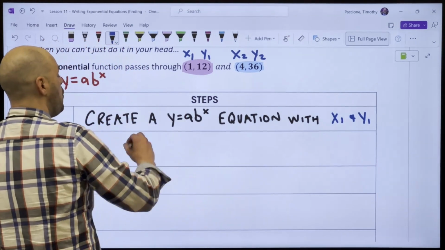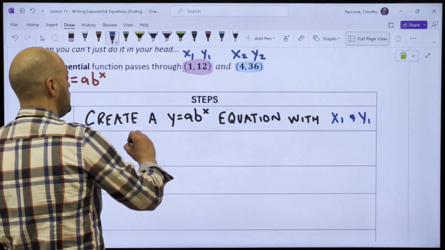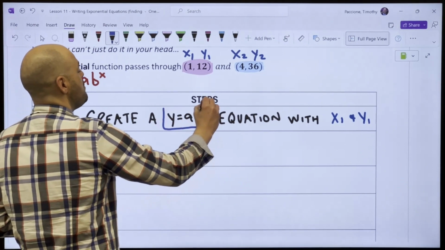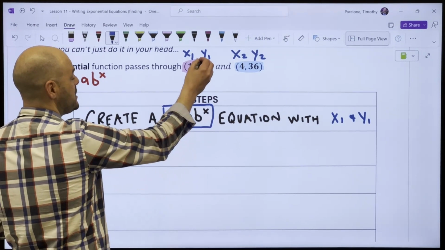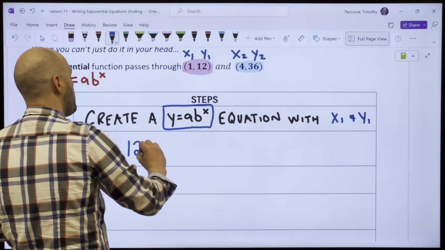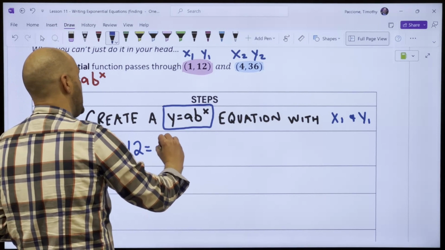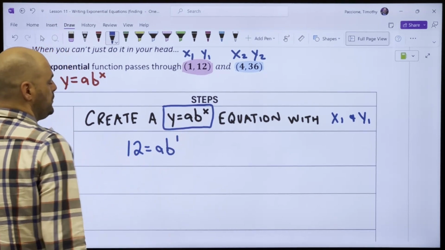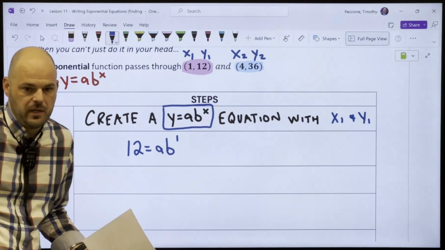So instead of y, I'm going to say, this is my equation. I'm plugging in what I got. All I got is x's and y's. So instead of y, I'm going to plug in 12. I don't know a or b, so I'll say ab. And then instead of x, I'm going to say 1. Okay, at least we're working with something now.